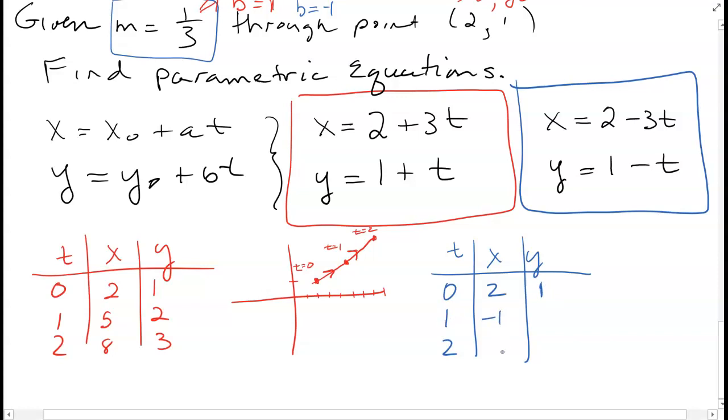Now don't I get -1 and, right? Wait a minute. Plug in 1. -3, I get -1. Plug in 1, I get 0. Plug in 2, -6. What do I get? -4, yeah. And plug in 2, I get -1. Graph it real quick.